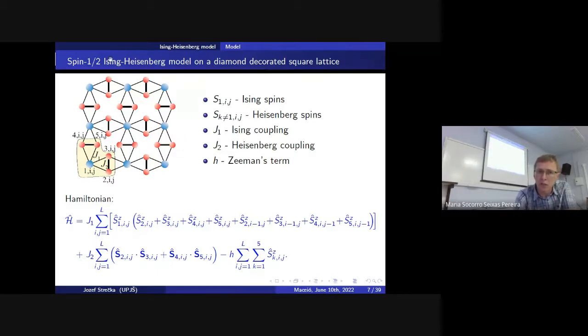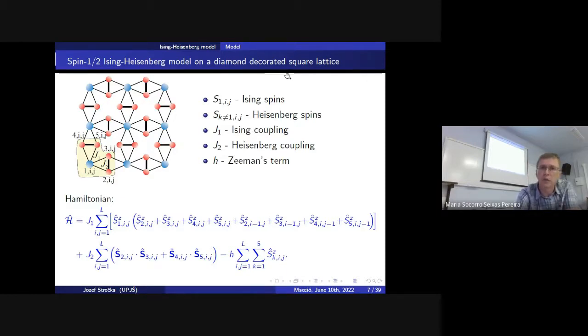So what we have tried to study is an infinite two-dimensional lattice, part of which is shown here. And as you see, it's like a set of diamond chains in both horizontal and vertical direction, interconnected to each other. So the first model, which I will try to explain, is the so-called spin-1 Ising-Heisenberg model.